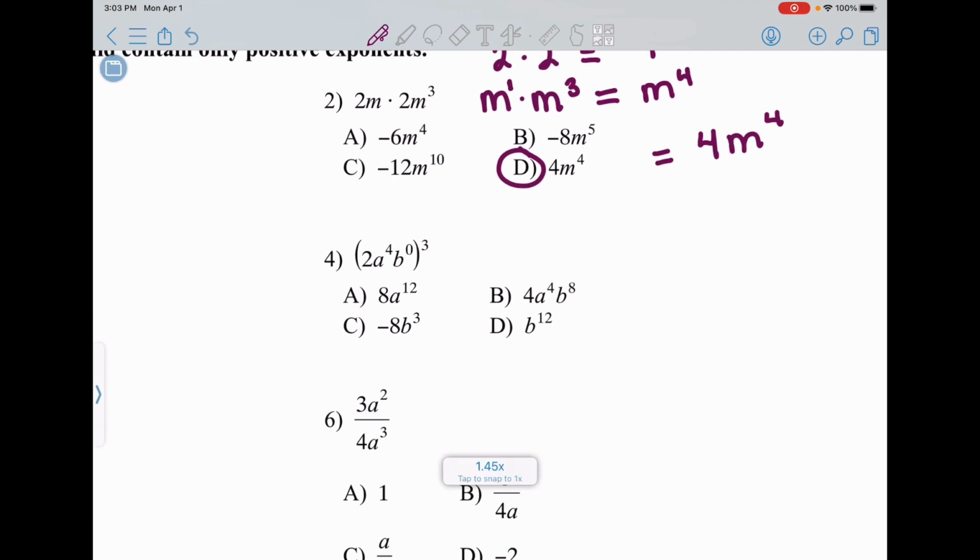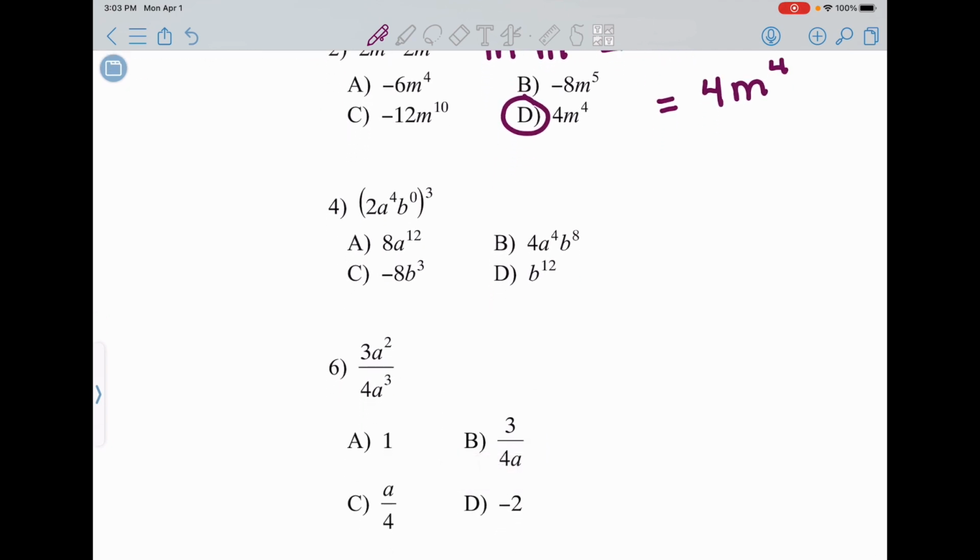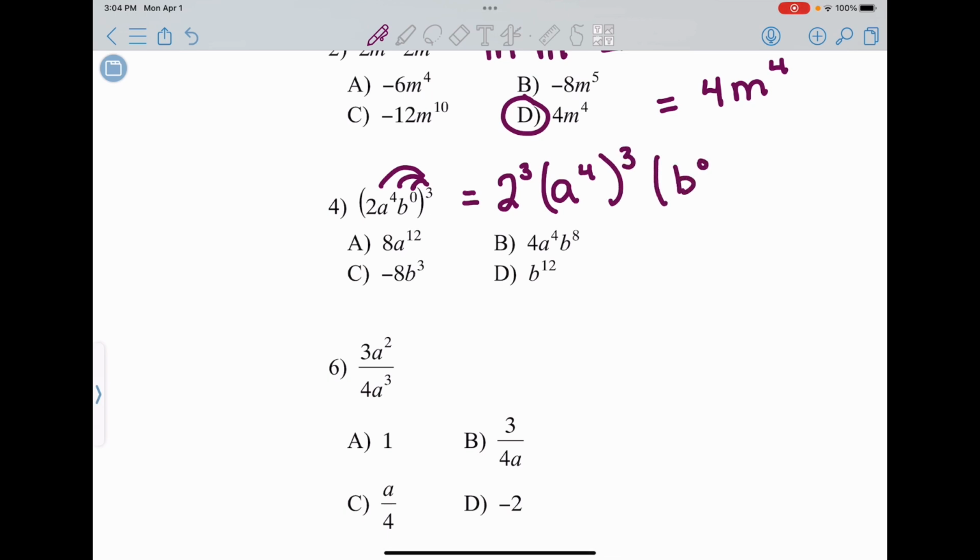In number 4, I have 2a to the power of 4, b to the power of 0, all to the power of 3. When you see parentheses being raised to a power, make sure the exponent goes to everything, even that coefficient. So we will have 2 to the power of 3, a to the power of 4 to the power of 3, and b to the power of 0 to the power of 3.